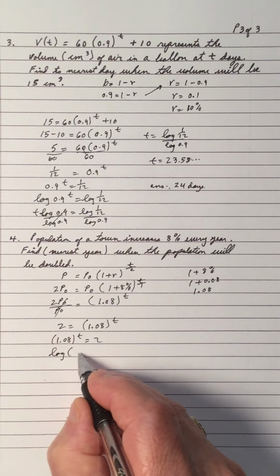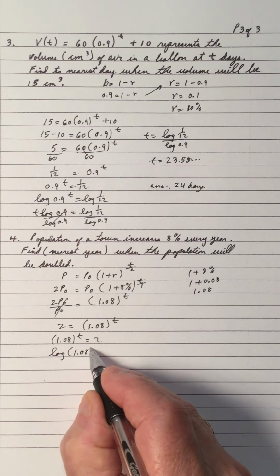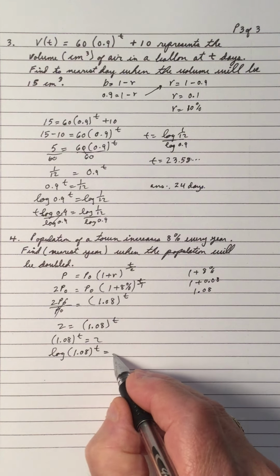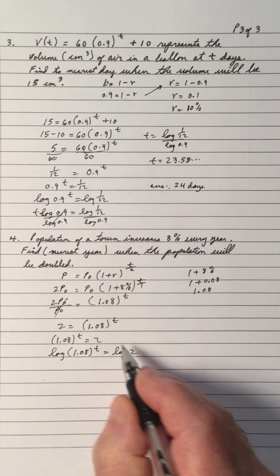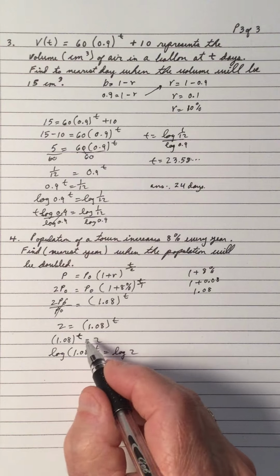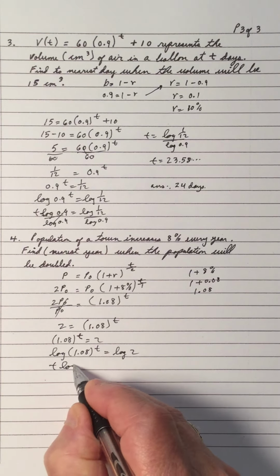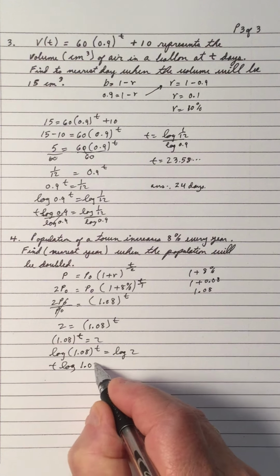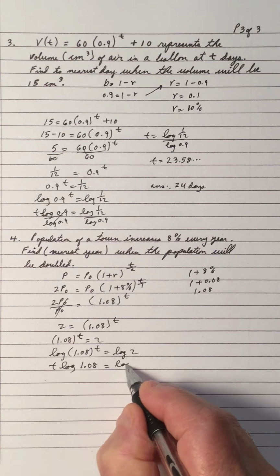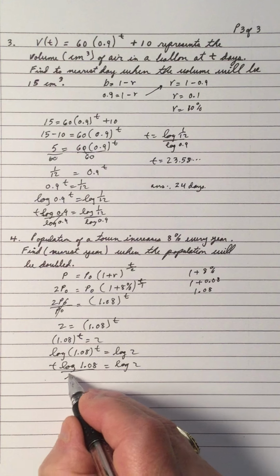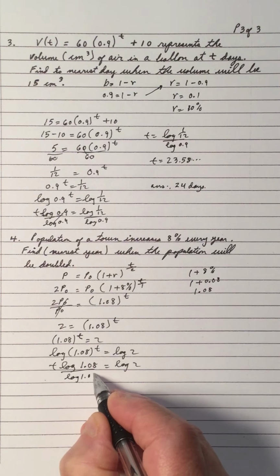We do the log of each side. Why? Because we have the t in the exponent, so the log will bring it down to the front. So t log 1.08 is log 2, and we divide by log of 1.08.